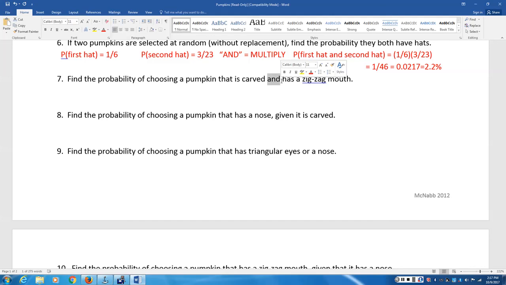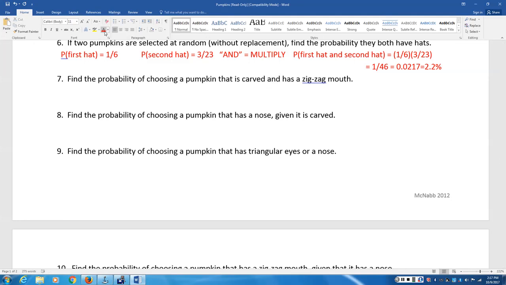Okay? What did I tell you and means? And means multiply. So I need actually to find the probability that it's a carved pumpkin. What's the probability of a carved pumpkin?